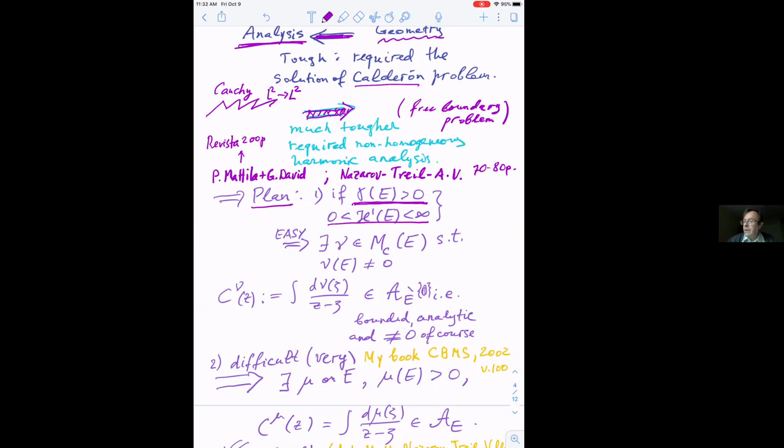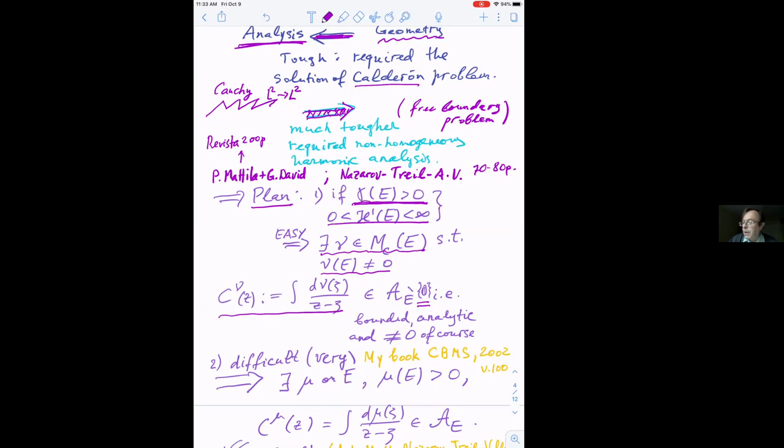If these two things are with us, then there exists a complex measure on E, a complex measure. It's very important. Such that its total mass on E is not zero, and such that the Cauchy transform of this measure is a bounded function, which is not a zero function. Okay, so that's an easy step.